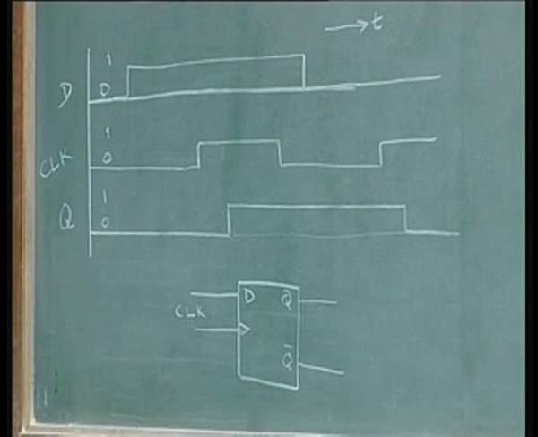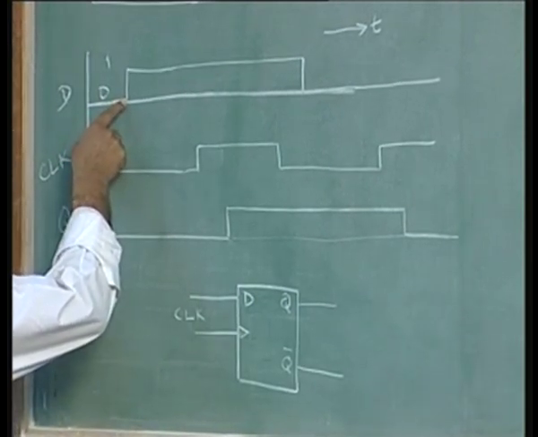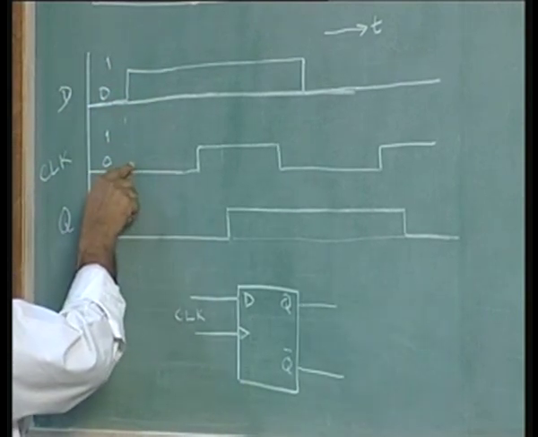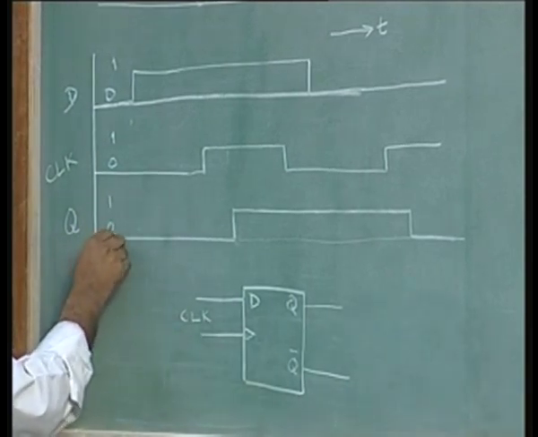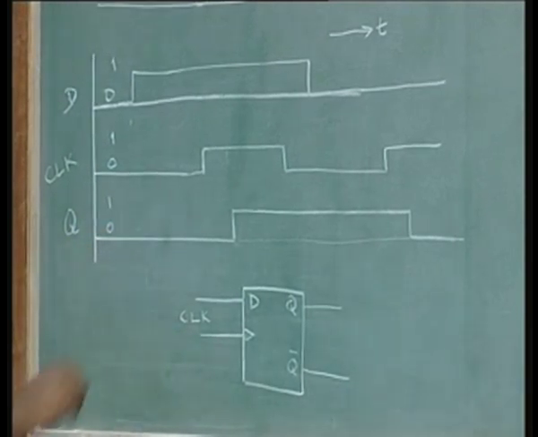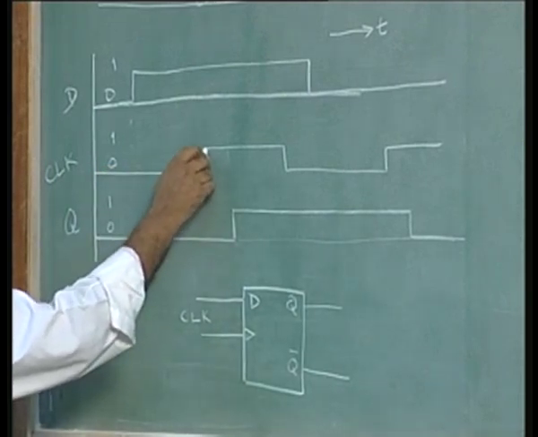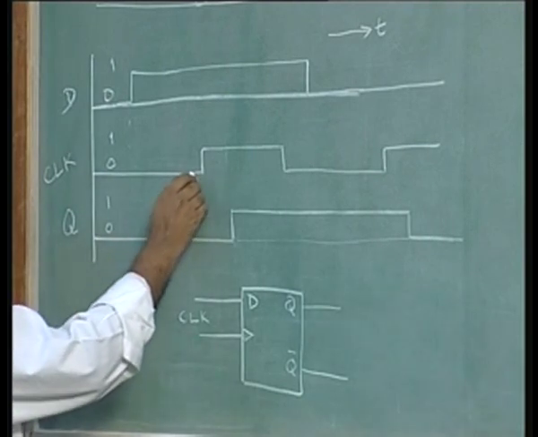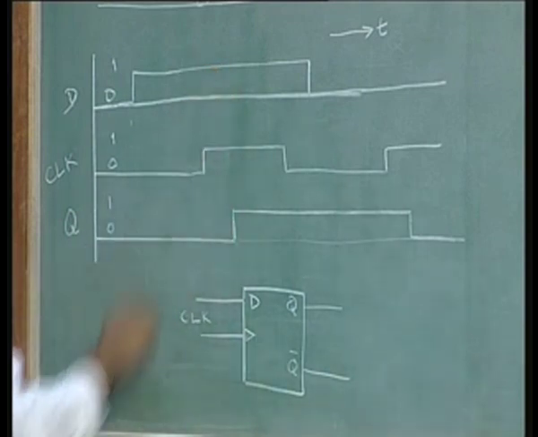That means what happens is, now this is the D input, which goes from 0 to 1 at this instant of time, but there is no clock, the clock is 0, so the output does not change. Let us assume the initial output to be 0. When the clock goes from 0 to 1, and I assume this is a positive edge triggered flip flop, the output has to change from 0 to 1 also, because D is 1.